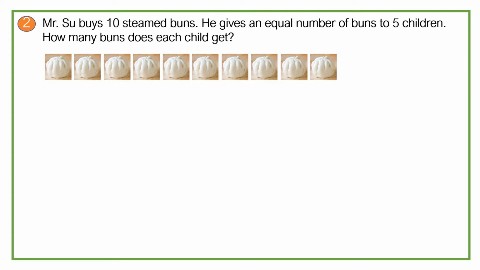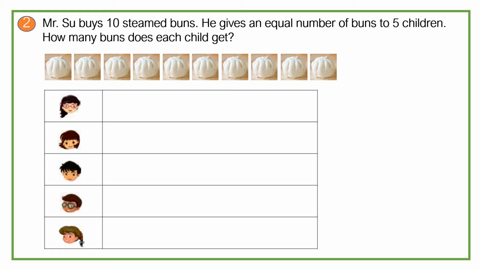Number 2. Mr. Su buys 10 steamed buns. He gives an equal number of buns to 5 children. How many buns does each child get? So, we have got 5 children. Let us give 1 bun to each child.